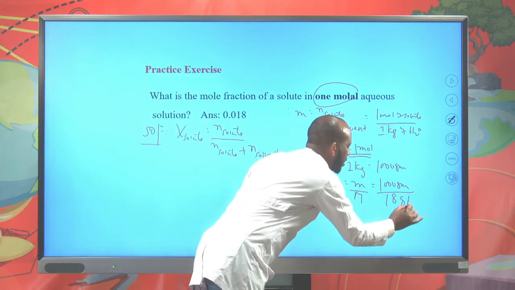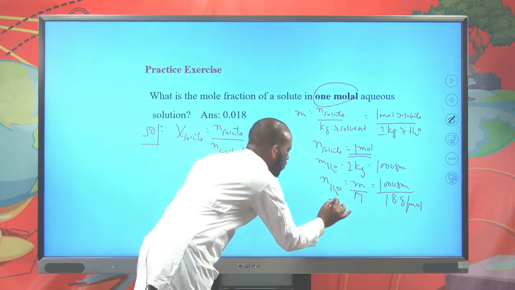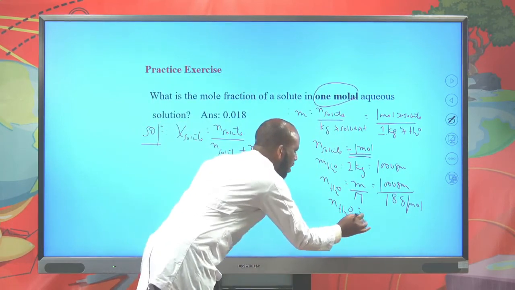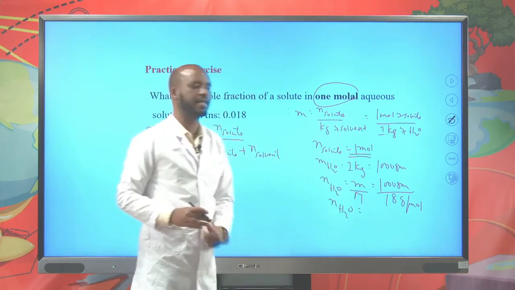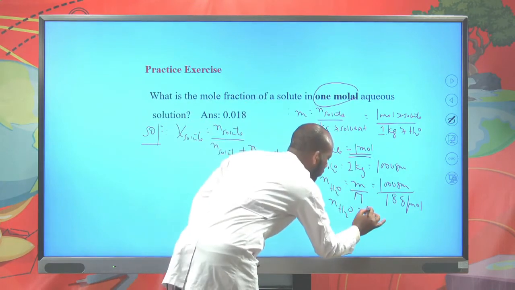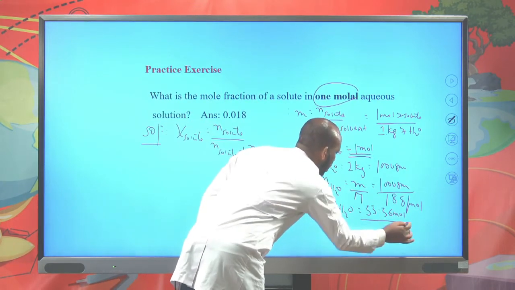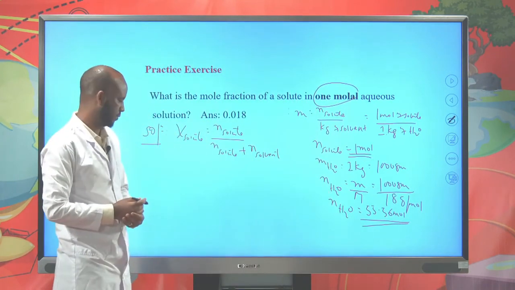Therefore, number of moles of water equals 1,000 divided by 18, which is 55.56 moles. This is the number of moles of water.